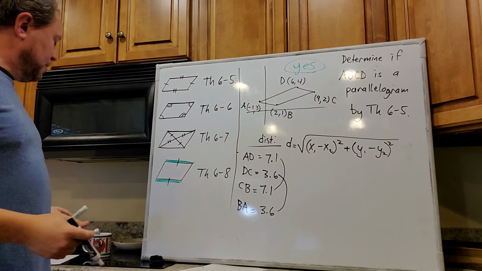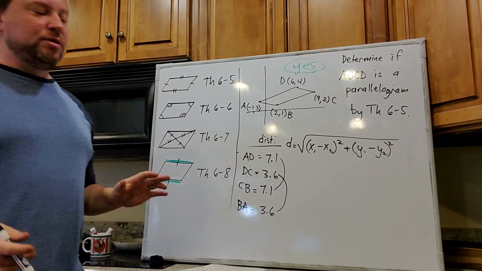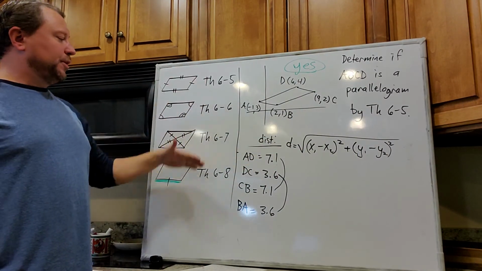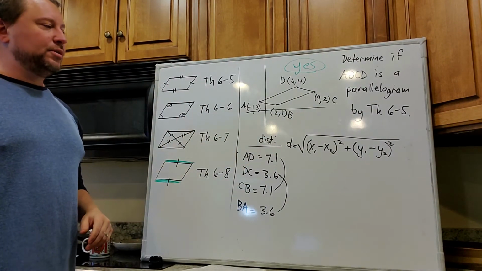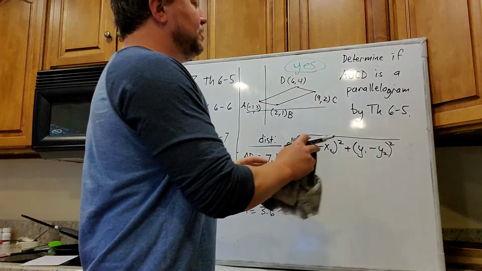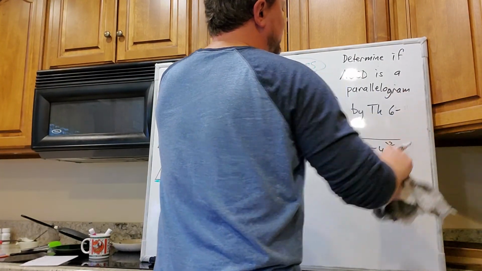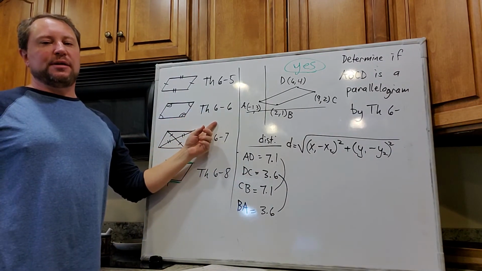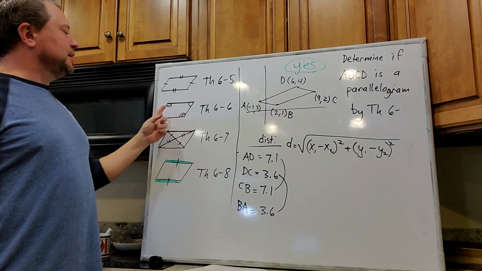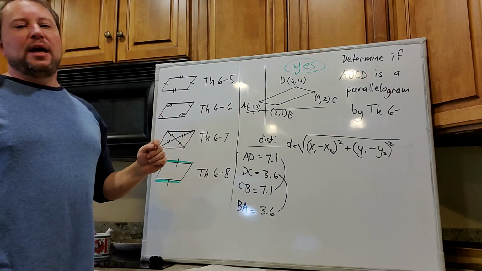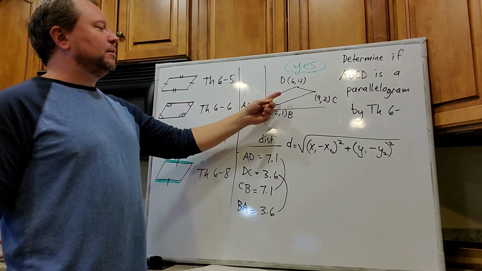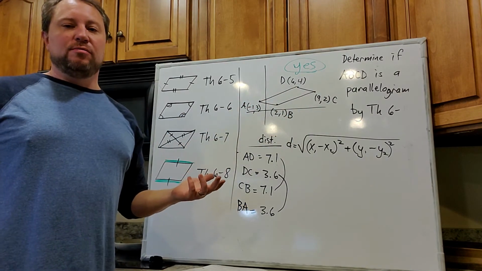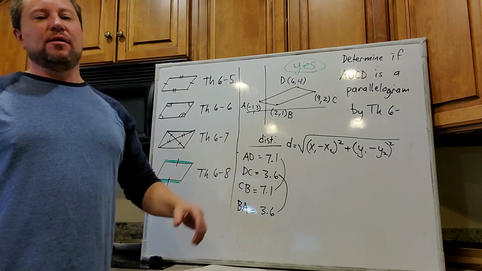Now I already know the answer is yes, but I want to show you that instead of theorem 6.5, there are other possible theorems they might ask you to use on a problem like this. By the way, they will never use theorem 6.6. 6.6 involves the opposite angles, and we have no way of showing that these opposite angles match, at least not until I start teaching you some trigonometry, which is a later lesson.